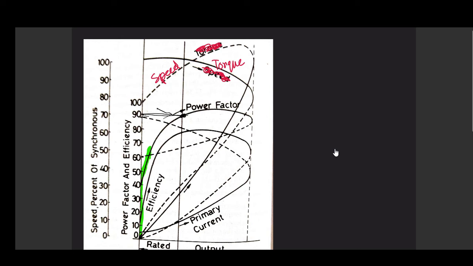You can see that when load is small, obviously for no load also you cannot go beneath this value, and this value indicates what? Even when your load is zero, you still have some current. That indicates that this current represents your magnetizing current and the current required to overcome your no load losses, right?